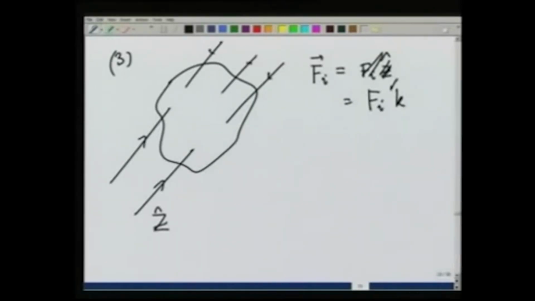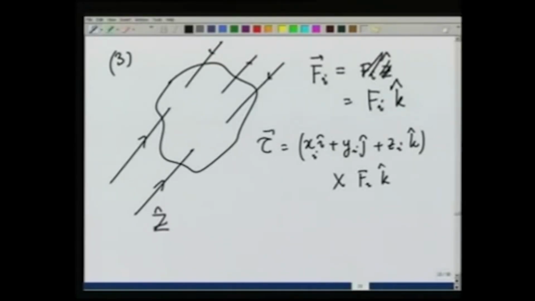And therefore, if I were to calculate their torque about any given point, the torque which is (x_i i plus y_i j plus z_i k) cross F_i k would give me again x_i F_i (i cross k is j with a minus sign) plus y_i F_i (j cross k is i).